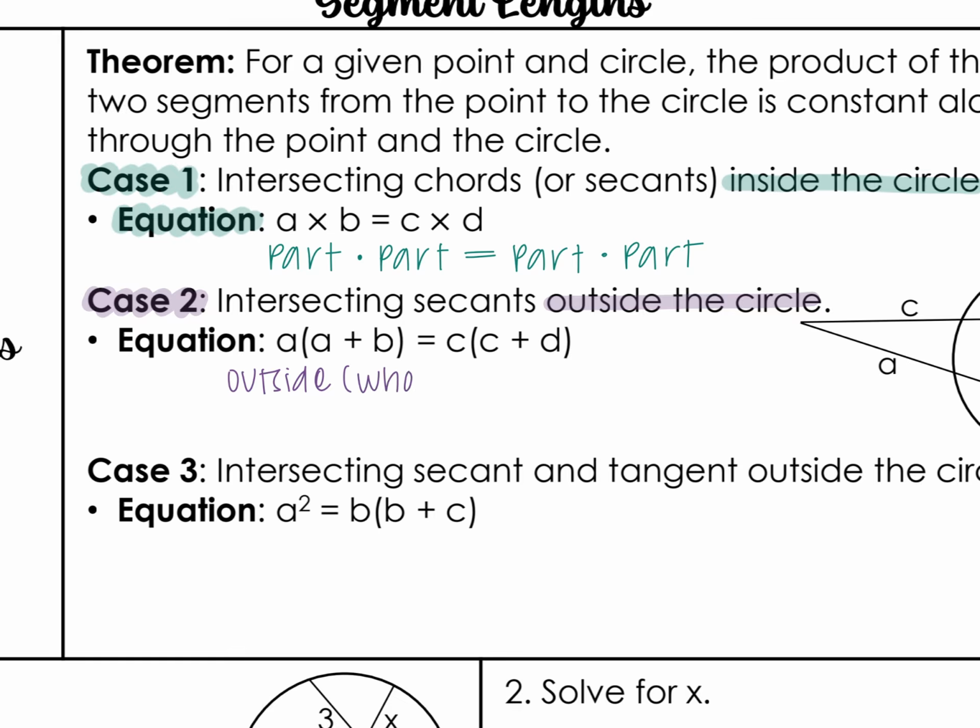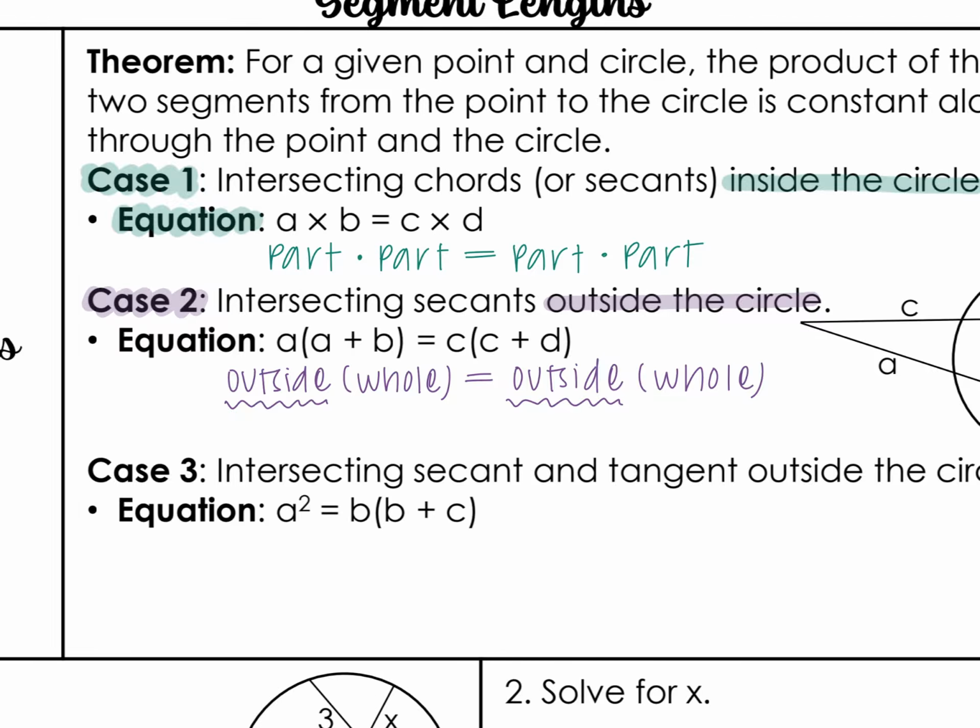So that's why they're adding there, is to get the whole line. It's going to be equal to our outside, once again, times the whole. Key thing is when you have that whole length, you are multiplying it by the outside, okay, and not the inside segment.